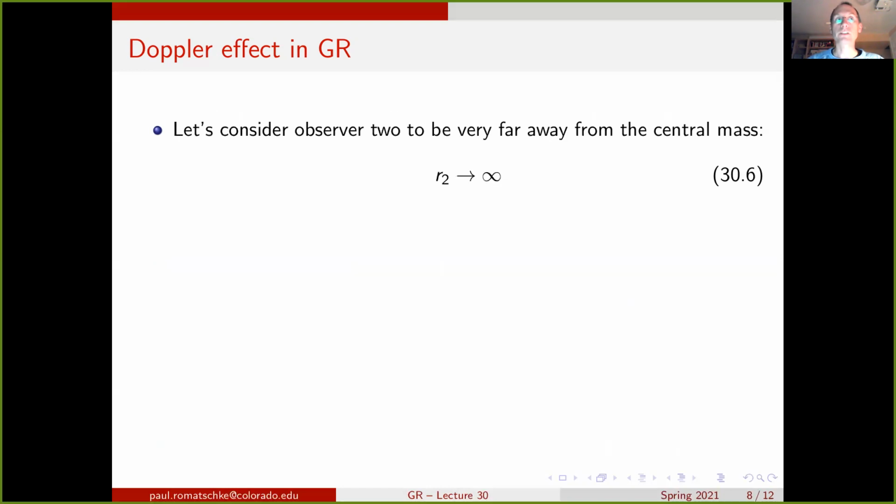If we want to consider a particular application of this formula, we can consider one observer to be very far away from the central mass. So let's take its location R2 to be going to infinity.